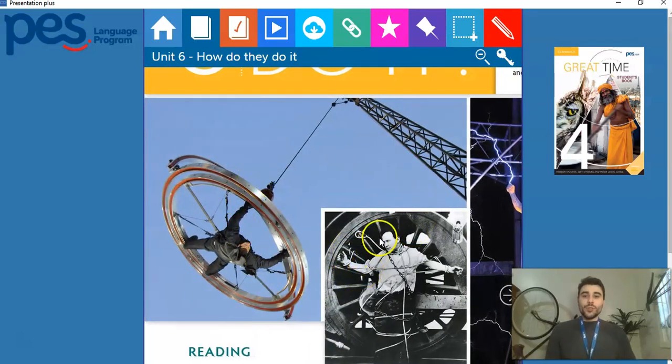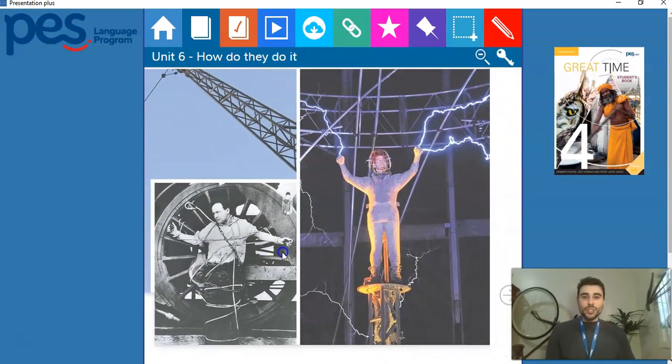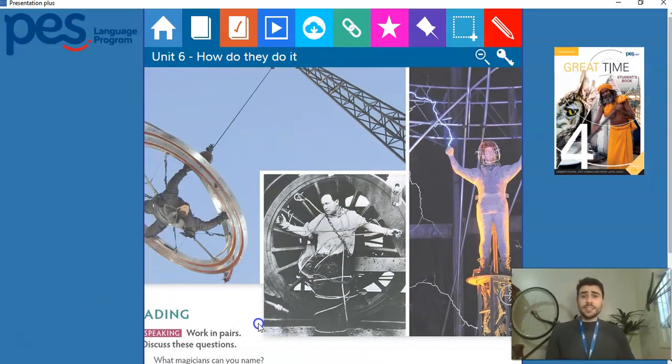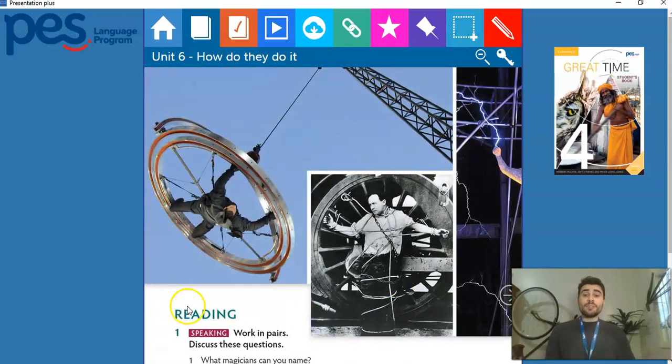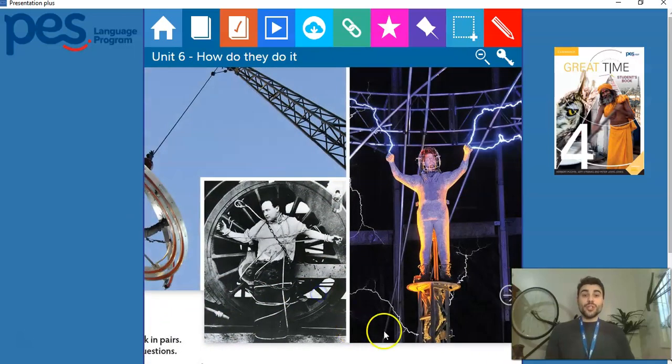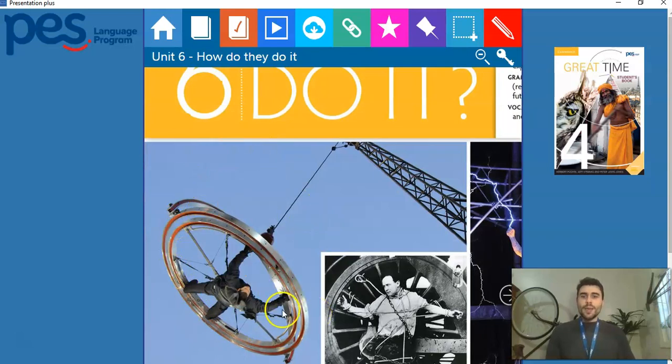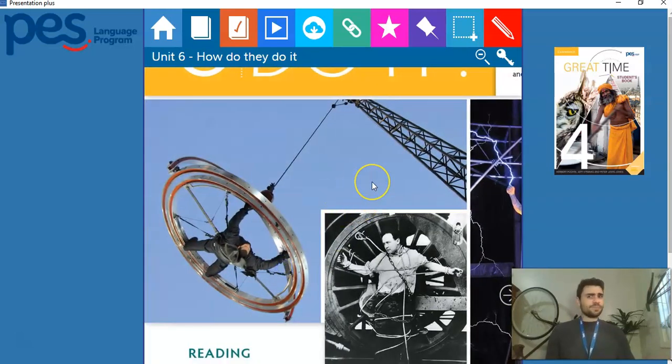So have you ever seen such actions or such stunts like this? We have these three magicians over here, and I'd like to know which one of these pictures you think seems the most dangerous. Because in the first one, this one here, we have the guy hanging from a very high place, it seems, right?